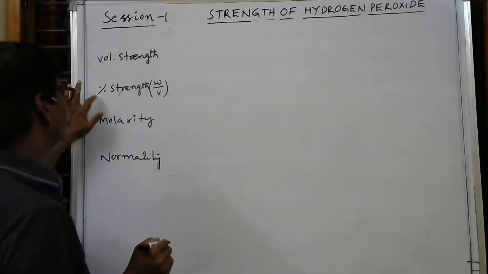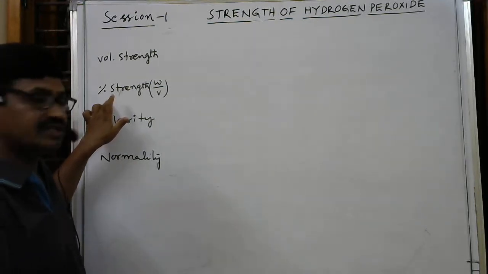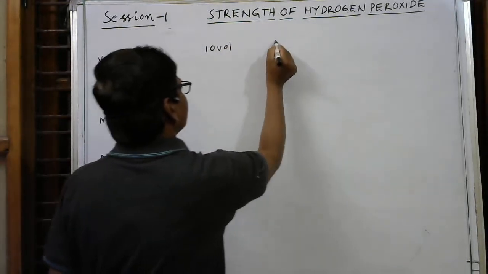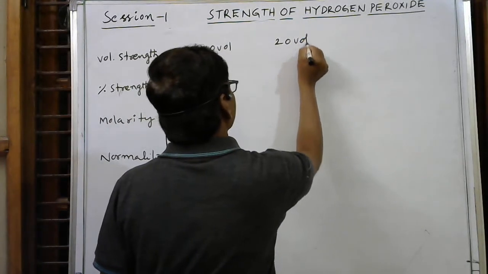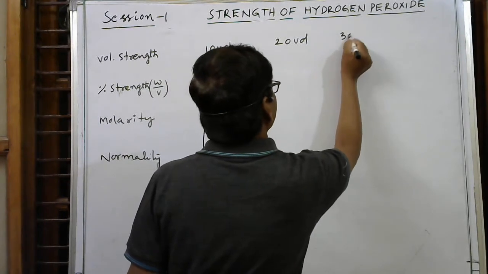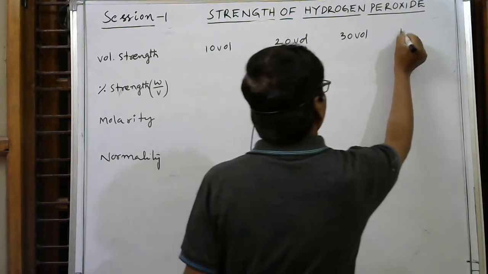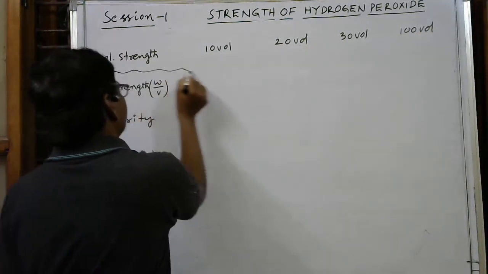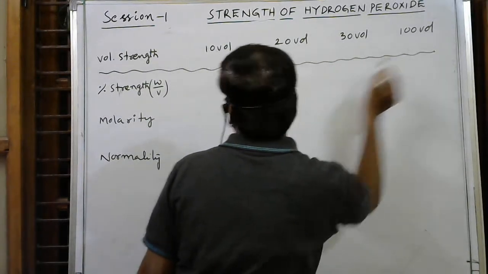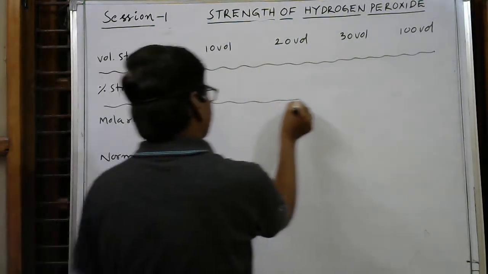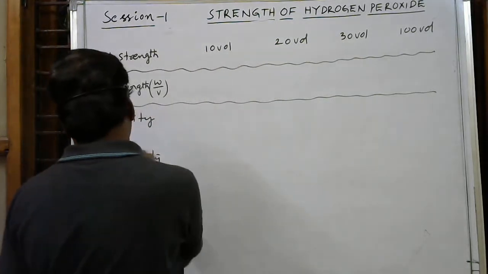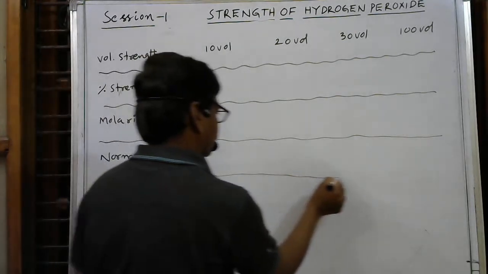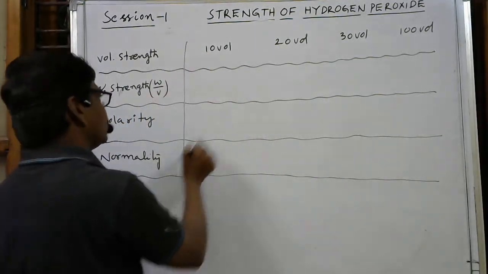Percentage also we can write per thousand. See here, 10 volumes first, then 20 volumes, then 30 volumes, then 100 volumes. Like this, I'm making one tabular form here.